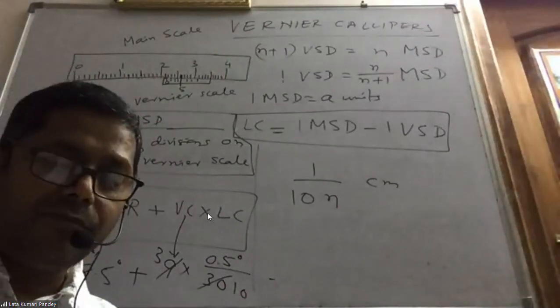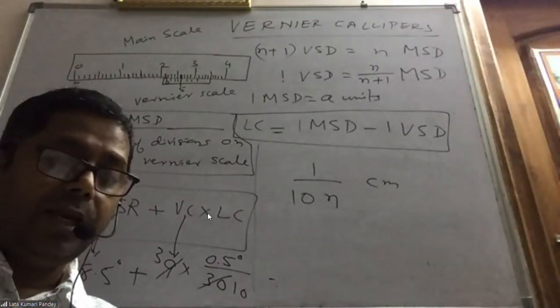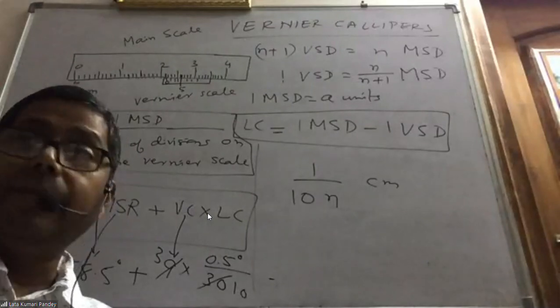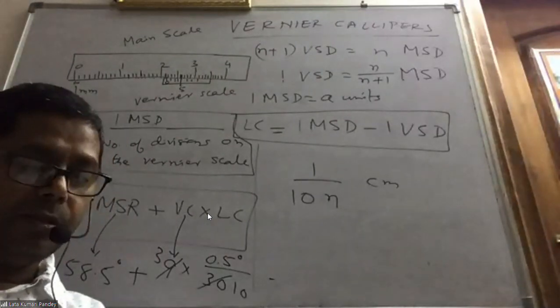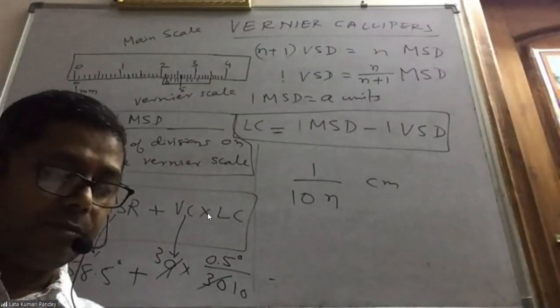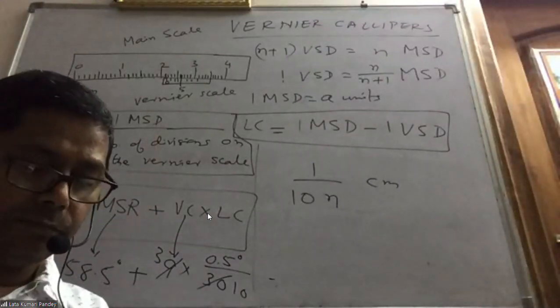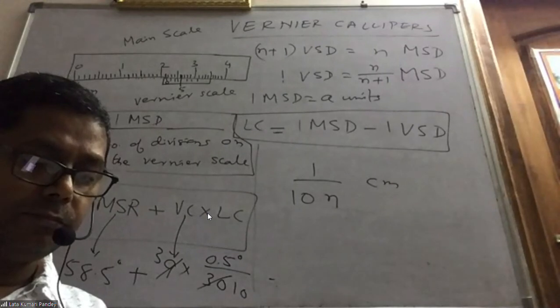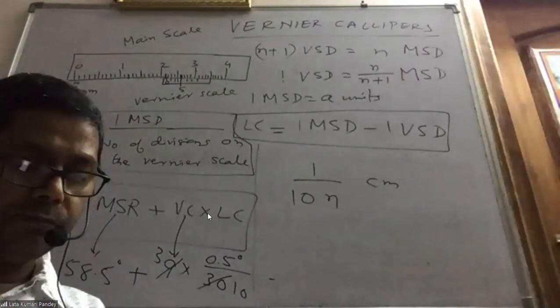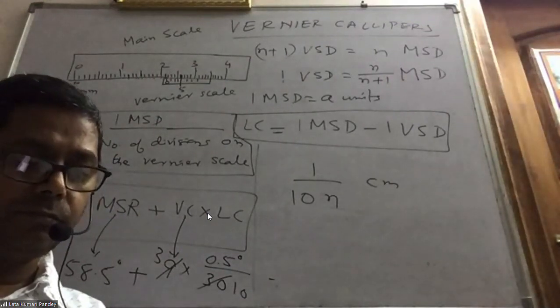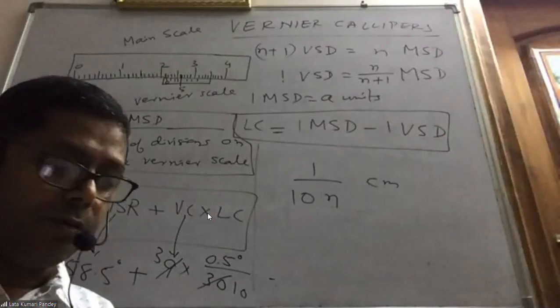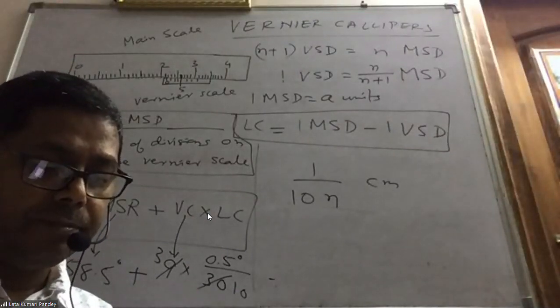10 divisions of vernier scale coincide with 8 small divisions of the main scale. The least count of the calipers is. Good. That is the right answer, Ramani.